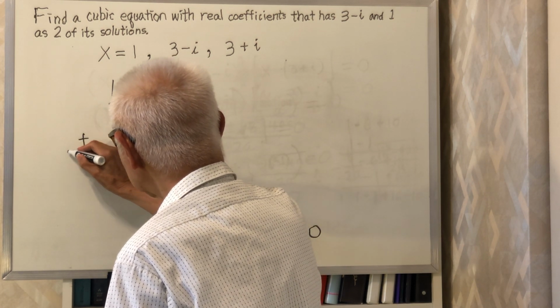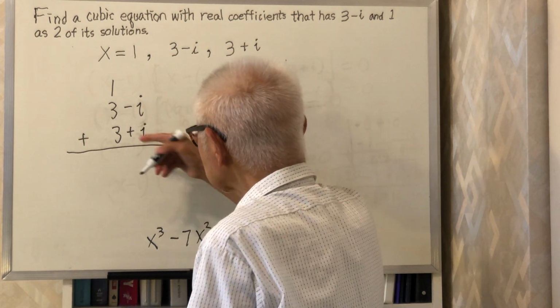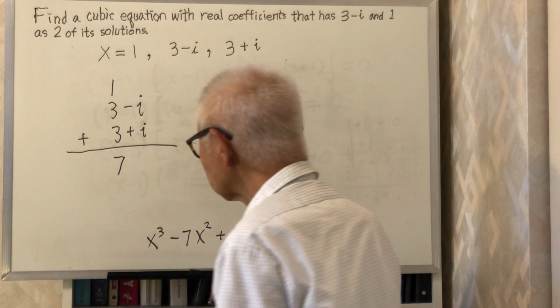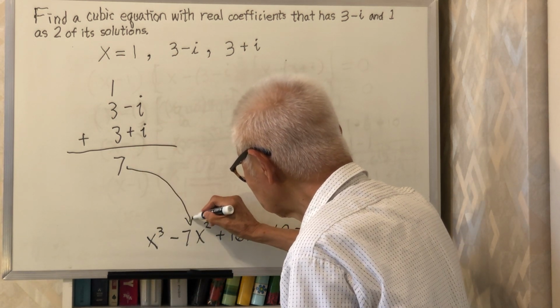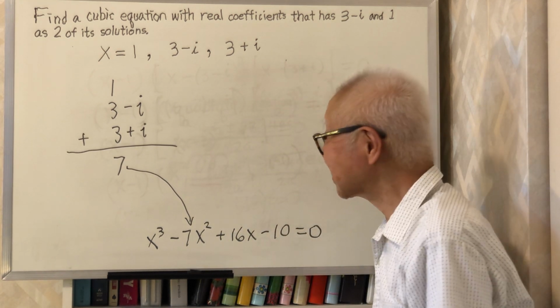Add the three answers. Look, minus i plus i cancels. 3 plus 3 plus 1 is 7. Look, this 7 is here. Is that quick? Very quick.